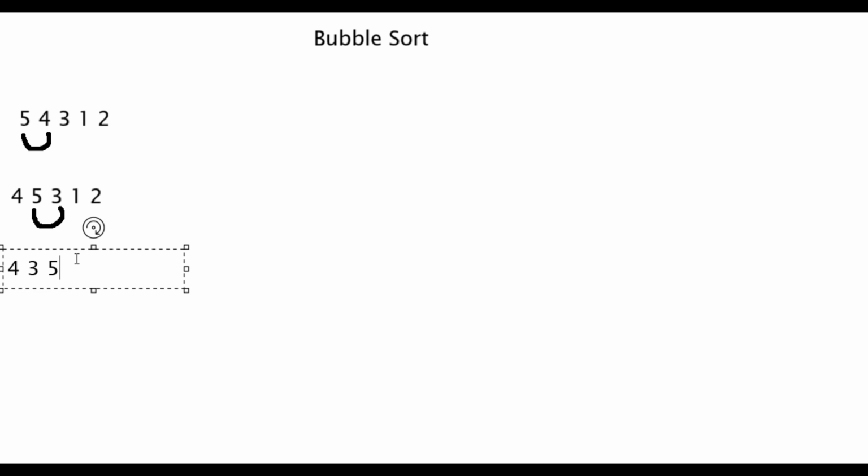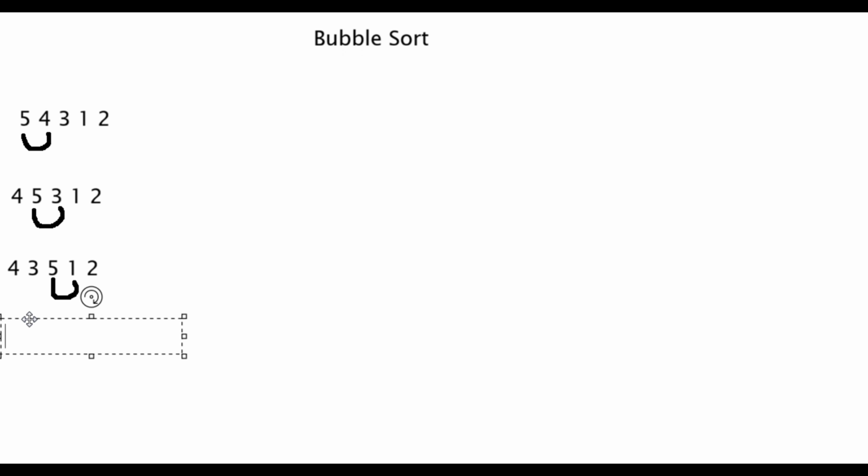Now again we are gonna swap, because the next two elements 5 and 1 will be swapped, because 5 is greater than 1. So here 4 and 3 will be the same, then 1, 5 and 2, correct?